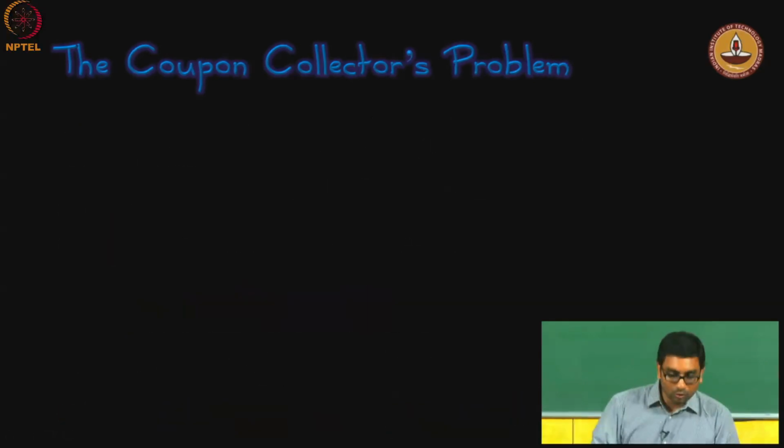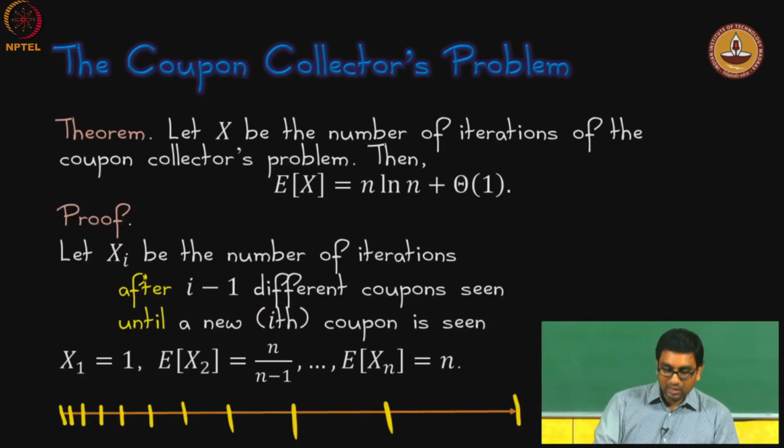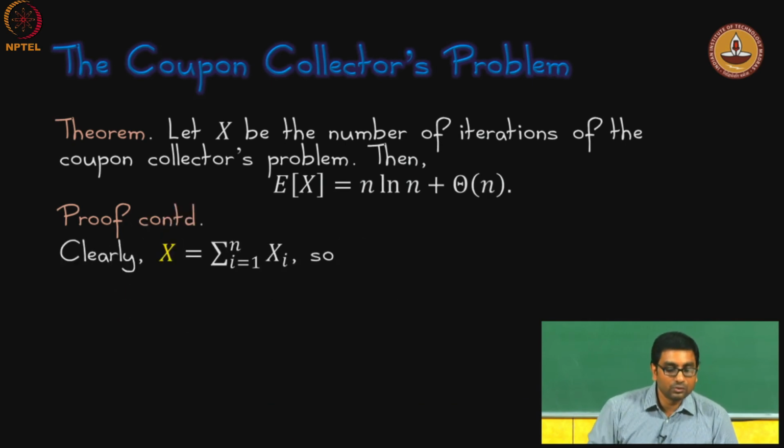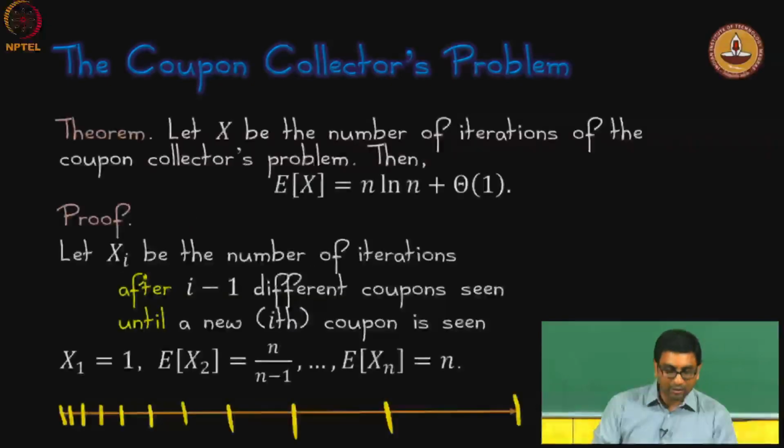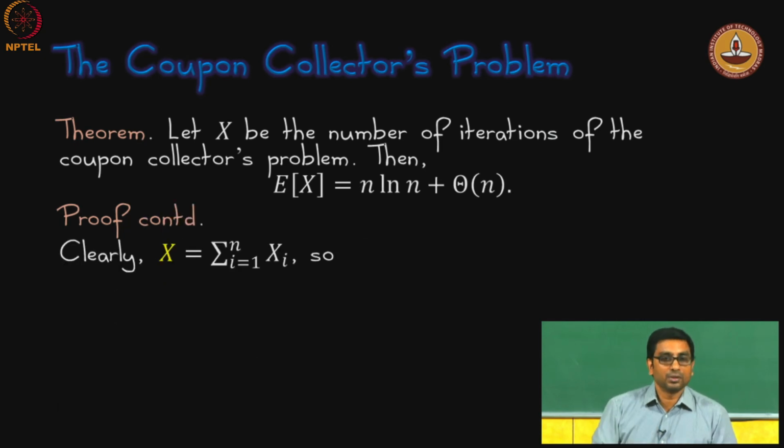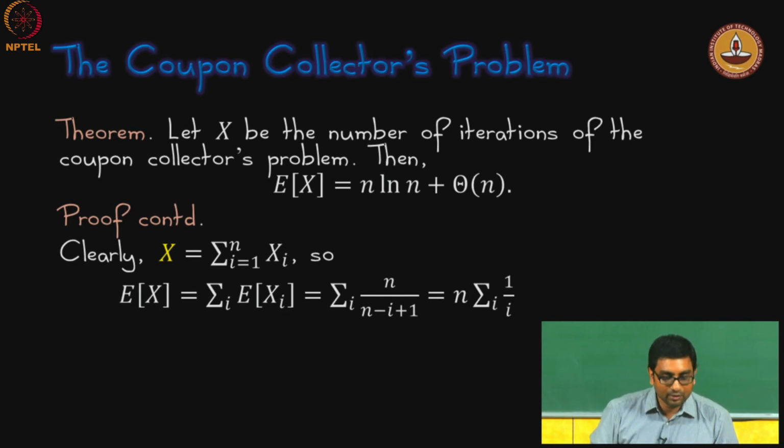Now that we know these expectations, let us plug them into our understanding of X. Clearly, we are just breaking time into x 1, x 2, and so on up to x n. So capital X is simply the summation of these x i's, and we can apply the linearity of expectation and the formula for E of x i. That gives the summation over i of n over n minus i plus 1.